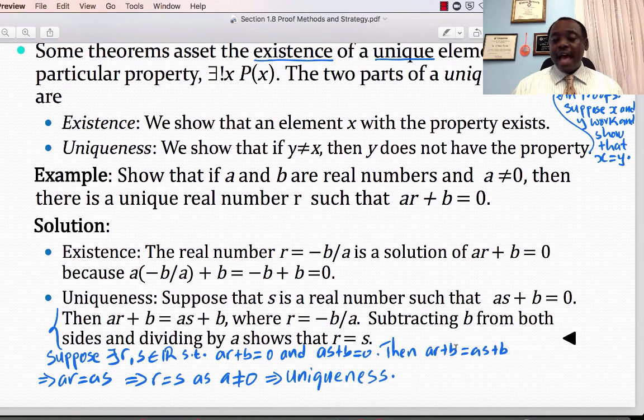Now we can add negative b on both sides. Recall that the only thing that can get rid of b would be the additive inverse of b. So if we add negative b on both sides, b is gone. We're left with ar equals as, and we can use the cancellation property because a is different from 0.